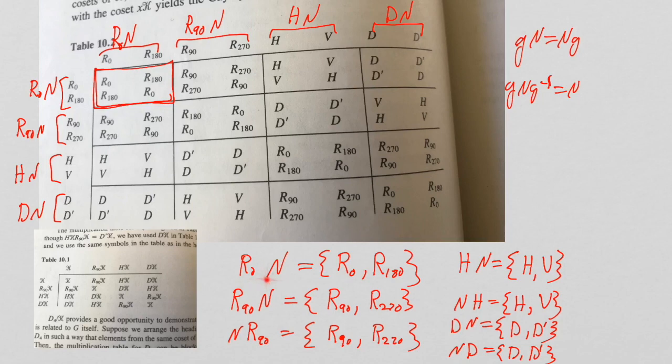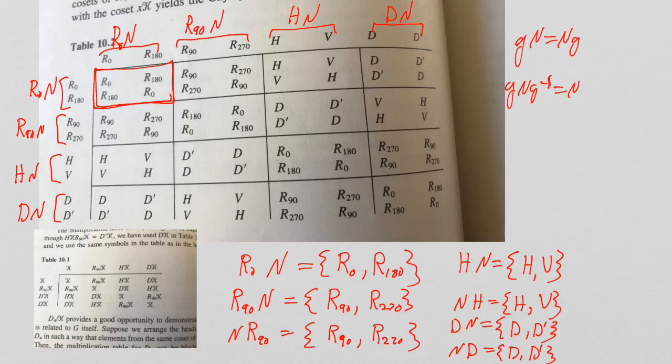R0N is obviously R0, R180, right? In other words, this is a group, so any element of this group will be inside this group, so it's certainly going to be the case that the left and right cosets are the same. Not that you have to check, right? We already know that once you have checked one element of a coset, the other element's going to produce the same coset. That's the whole point of the partitioning. But I checked: R90N is R90, R270, and NR90 is also R90, R270.